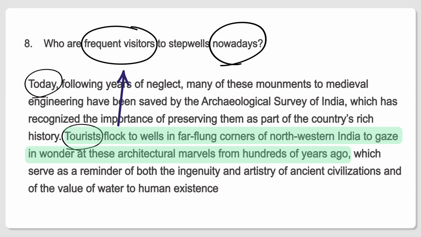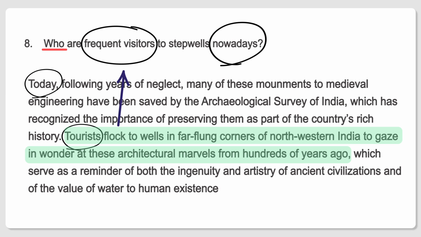So we know that the answer is definitely here. Let's read this sentence again. Tourists flock to wells in far-flung corners of northwestern India. Now let's read the question again. Who? We have to find a specific group of people. Who are frequent visitors to stepwells nowadays?